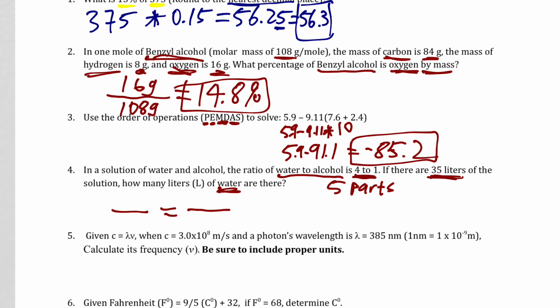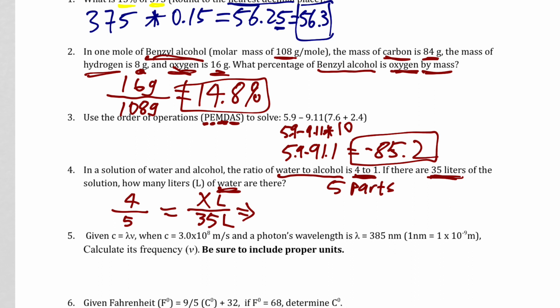So you know that water is 4 parts out of 5, and the solution is 35 altogether, so this is 5 parts, and this is the 35 liters. The top part should be how many liters as well, because you need to figure that out. So this is the only time that you would need to cross multiply.